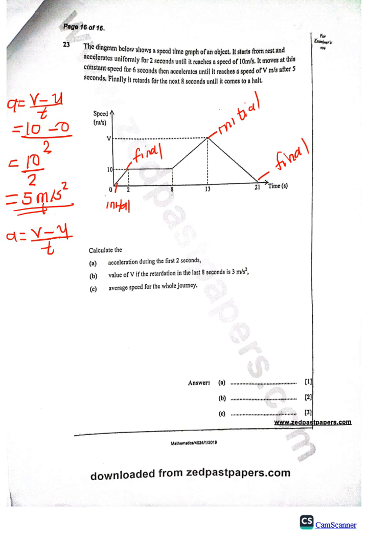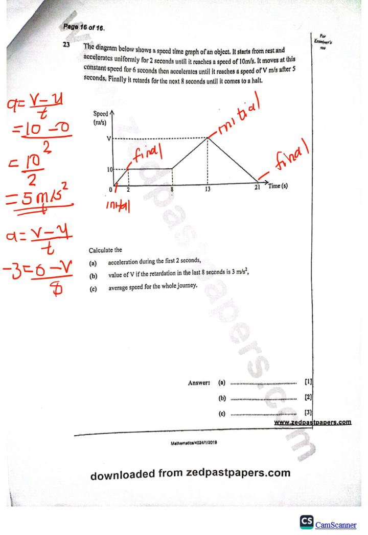We are told the retardation is 3, so for a, we put negative 3. Why? Because it is retardation. Then the final velocity here, since it came to a halt, is 0. Then the initial is now the v. You go on the y-axis, it's the v, over the time it took from initial to the final. We have been given that it's 8 seconds.